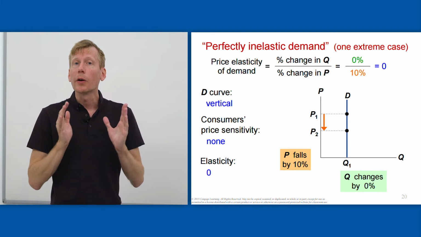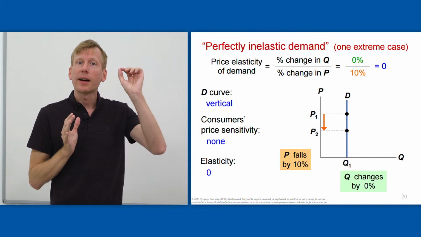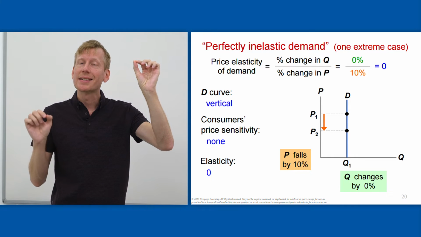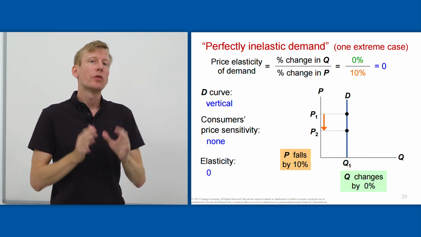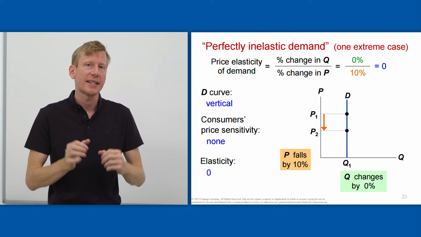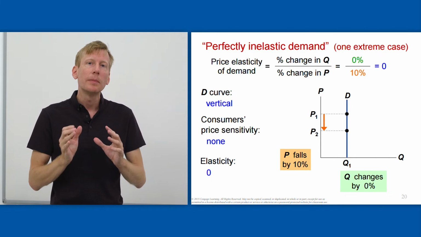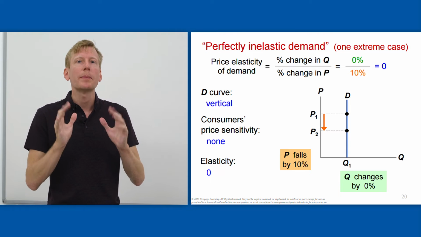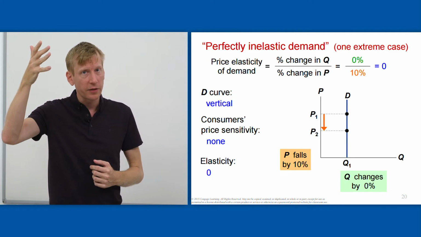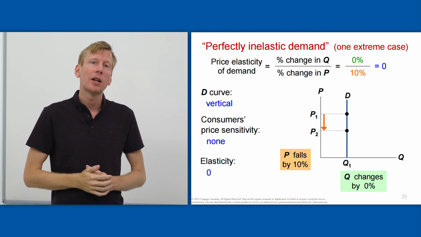Note, our demand curves have price on the vertical axis and quantity on the horizontal axis. So if we have a demand curve that's a vertical line, this means quantity is fixed. The quantity that people demand will never change, no matter what happens to the price. The price could be 0, the price could be nearly infinite, and the quantity that people demand would be exactly the same.